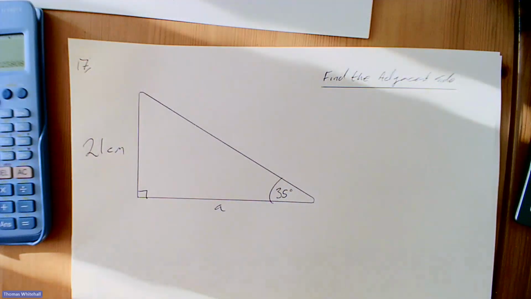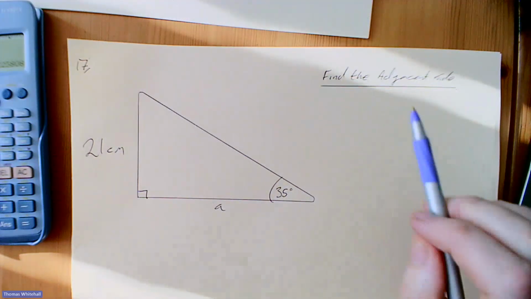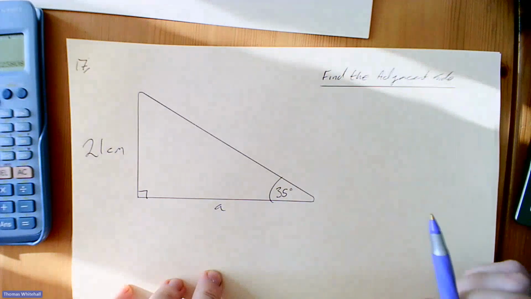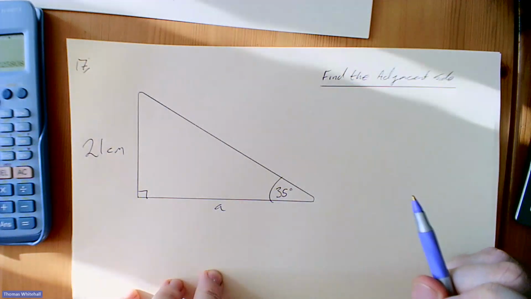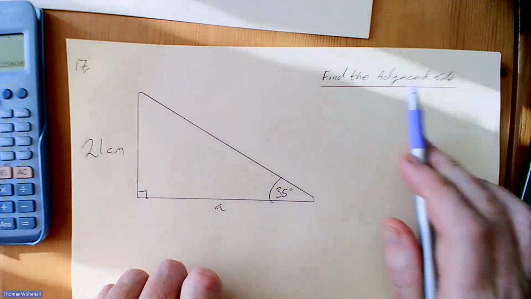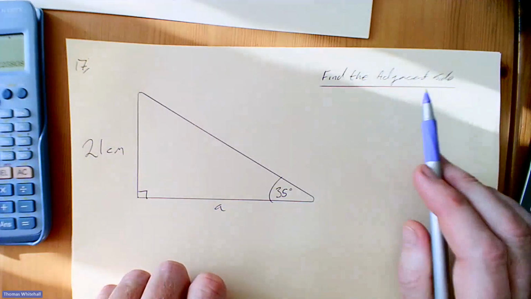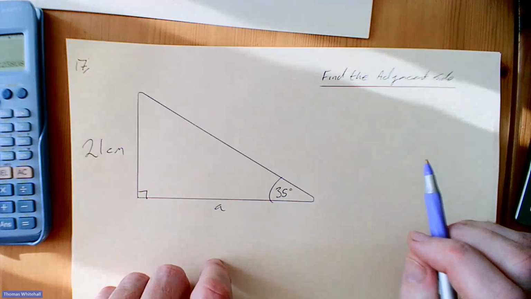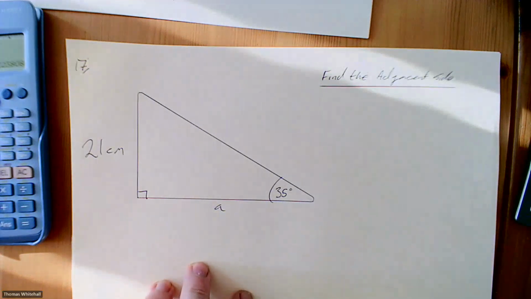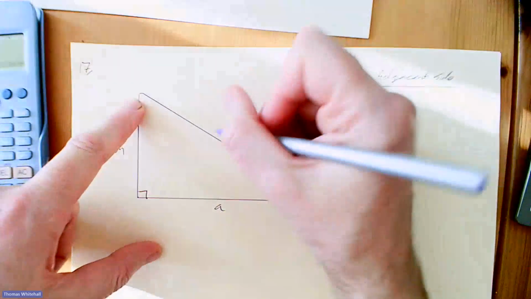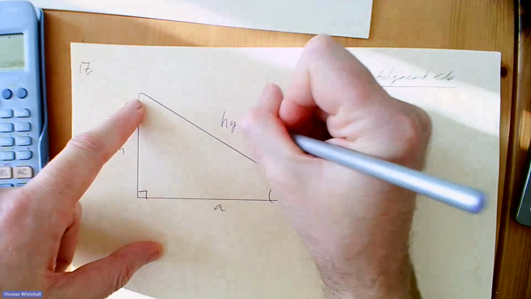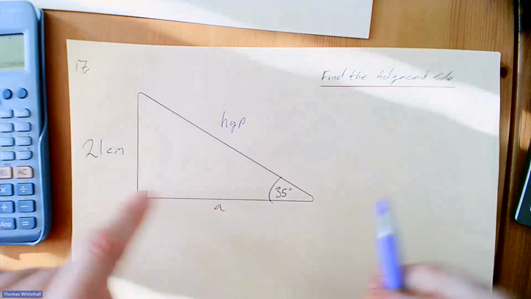So again, it tells us here, find the adjacent side. It might say find A, it might say find the adjacent side, depending on what the question is. First step, label the sides. Longest side, hypotenuse, opposite the right angle.